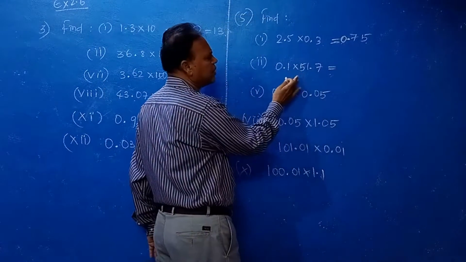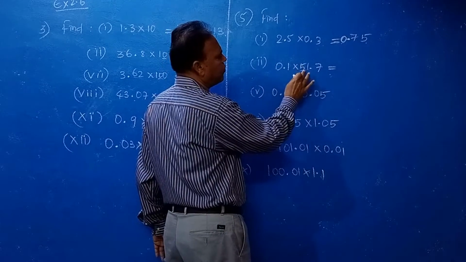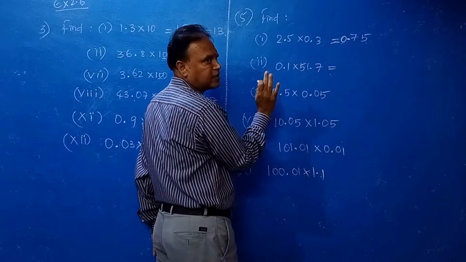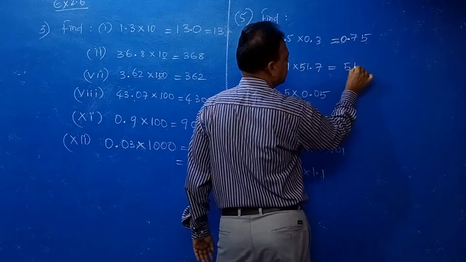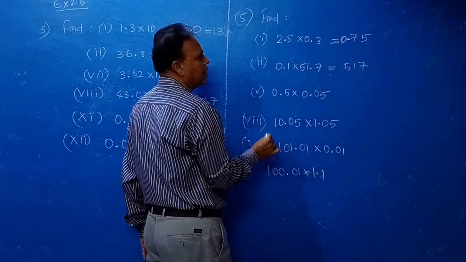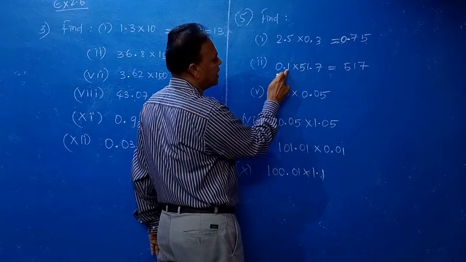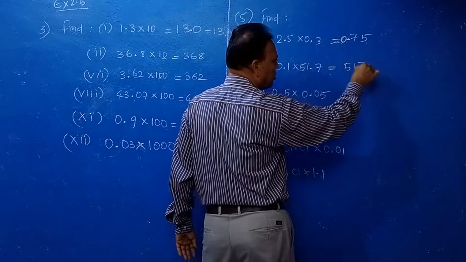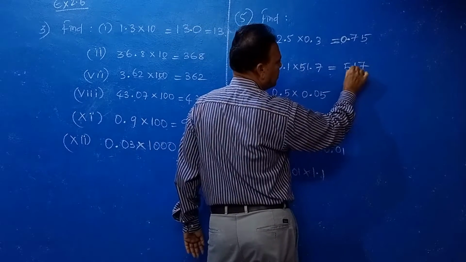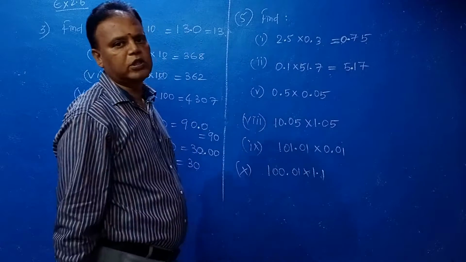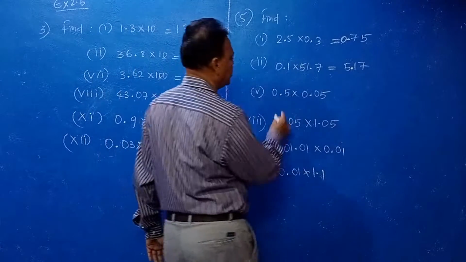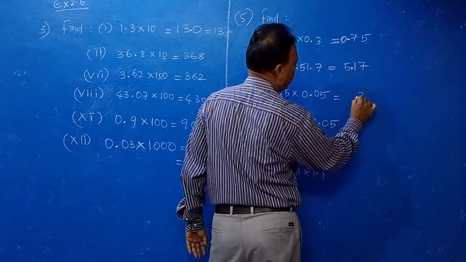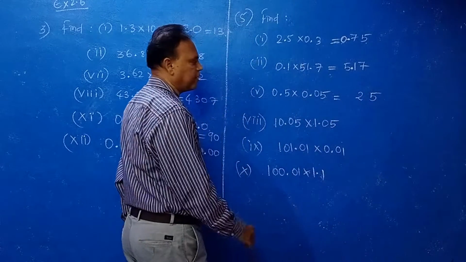Now this is very simple. 0.1 into 51.7: ignore the decimal. 1 into 517, you write 517. After the decimal, one digit here, one digit there, total two digits. So leave two digits and keep the point. Here you see 5 into 5, multiply the numbers alone, 25.